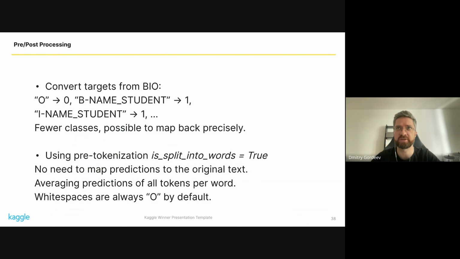And the way the data was structured, I believe if there were 2 sequential names, there was always a word or a white space word in between them, which was classified as a 0 or O. So it was possible to precisely convert back and forth these classes. I saw it as a benefit because I decreased the number of classes to classify, so down from 13 to 7, I think.